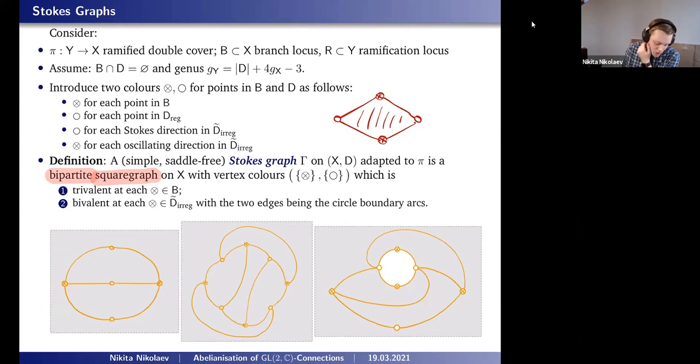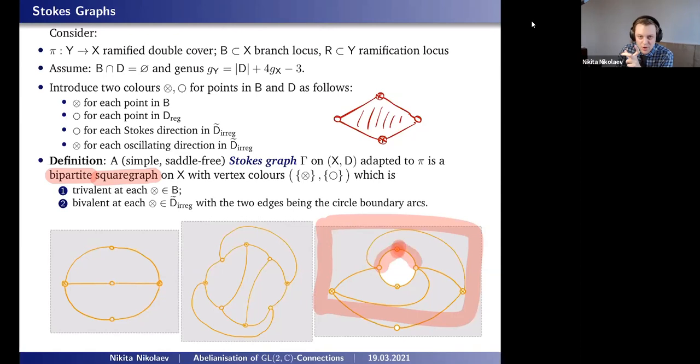And then I also have these crossed points on the boundary of my real-oriented blow-up Riemann surface. Those I want to be bivalent, and the 2 edges being the boundary arcs. So looking at this example, here I have one of these oscillating directions, and it's connected by 2 arcs, which are the boundary arcs for my real-oriented blow-up. So I want to count those as my edges, and the only edges incident to this vertex.